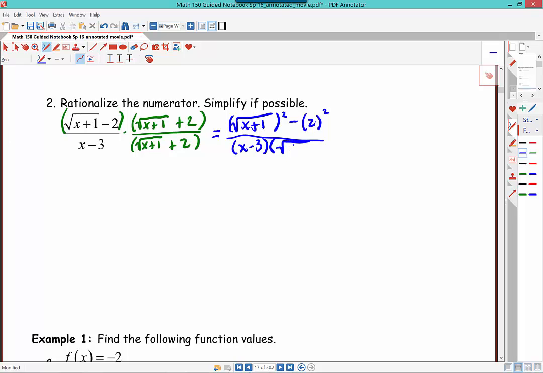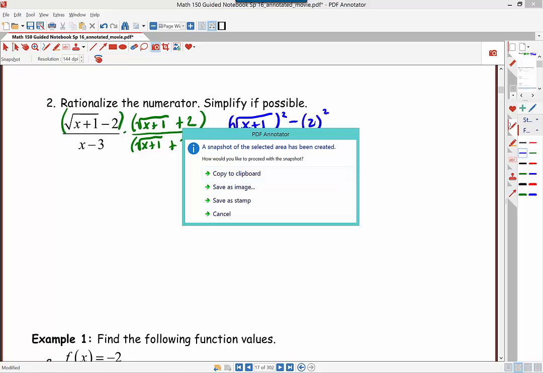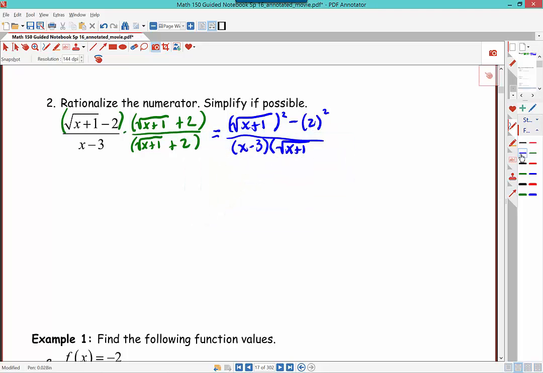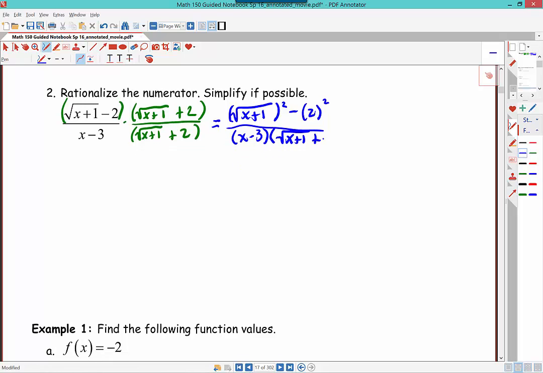That's the trick here. That's not something that's going to help us. So the trick is leave the denominator where it is, not expanded out.